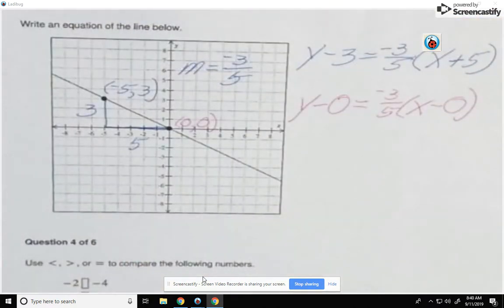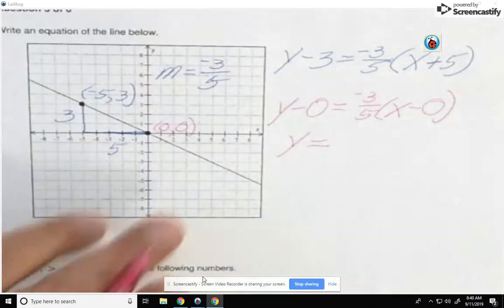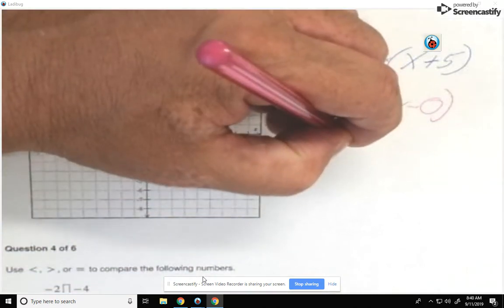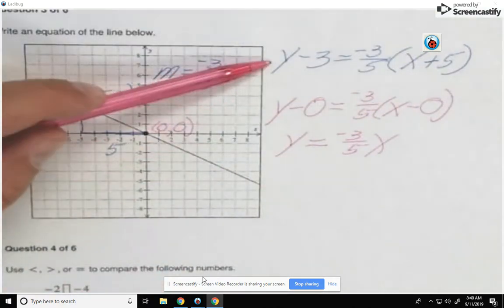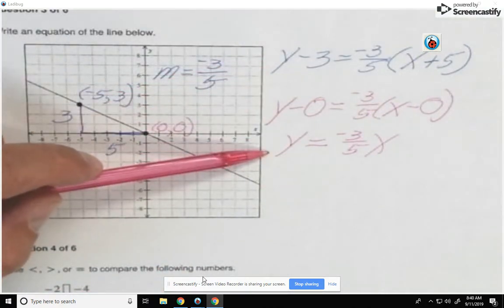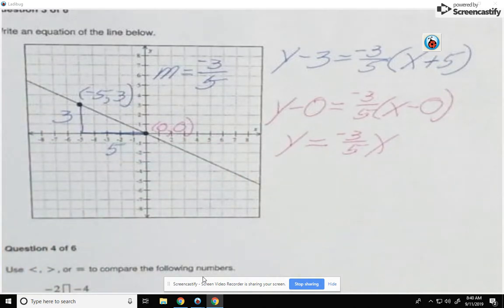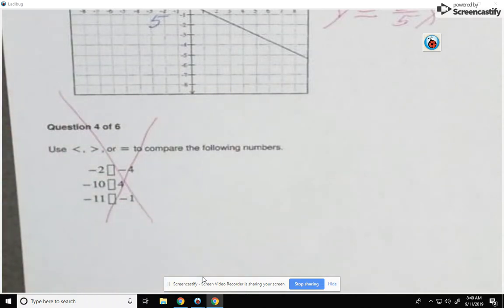To simplify, minus 0 is just itself, so y minus 0 is just y. Same idea here, so I get negative 3/5 x. So these are two separate equations of the same line. Question 4 was basically just a filler, so go ahead and cross that out.